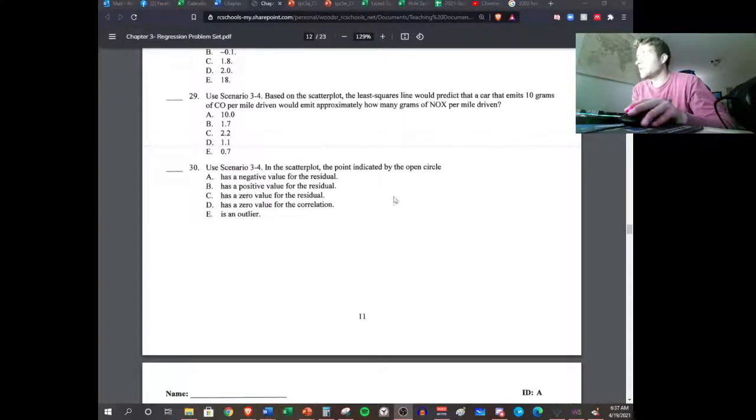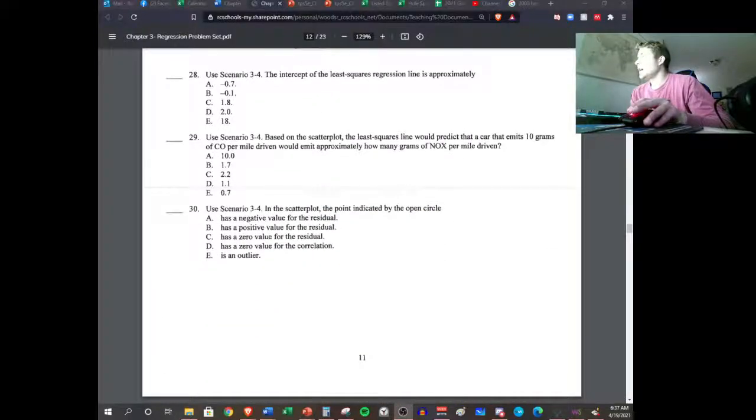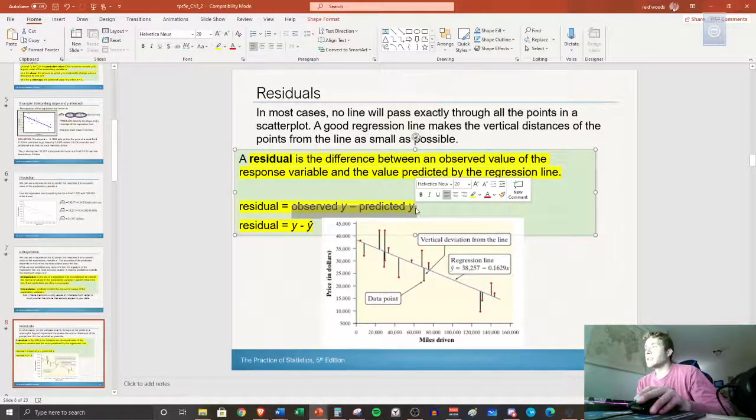So to make sense of this, you'll notice that it's below the line, okay? And if we go back to our formula here, here's the observed Y value minus the predicted. So for this, you'll notice that the predicted Y value is going to be bigger than the observed Y value, okay?